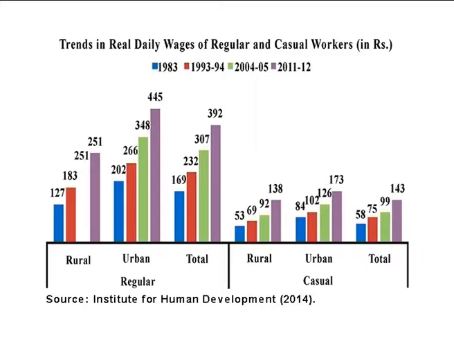The wages for the casual workers have increased from rupees 58 in 1983 to rupees 143 in 2011-12, while the wages for the regular workers have increased from rupees 169 to rupees 392.